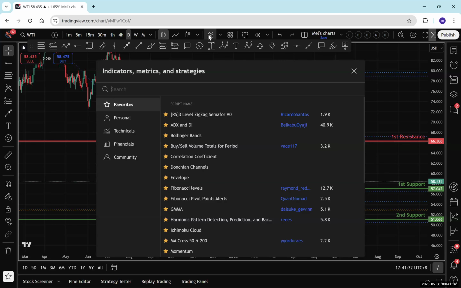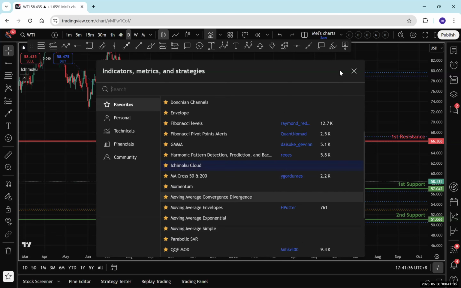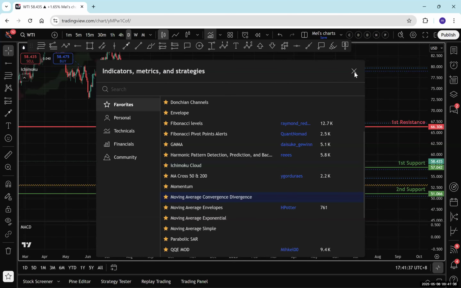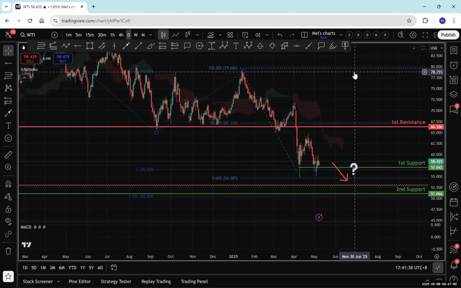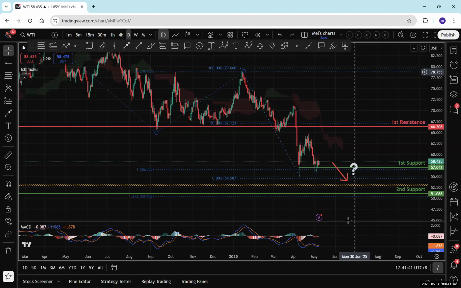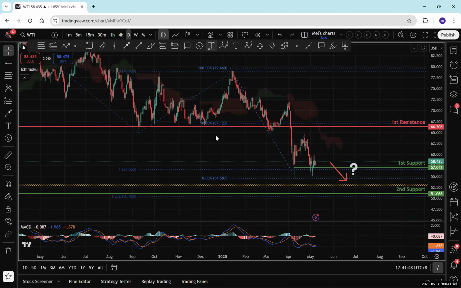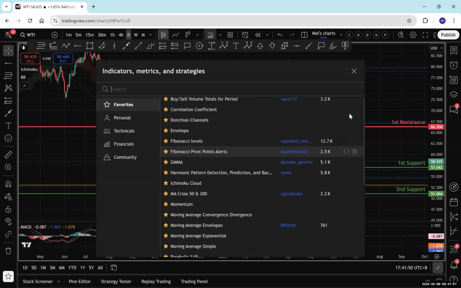Let's check our indicators. Okay, price is moving below the cloud. MACD is giving us a bearish signal as well. So both support our analysis. Let's now look at Bollinger Bands.